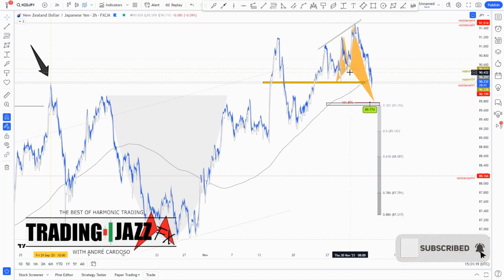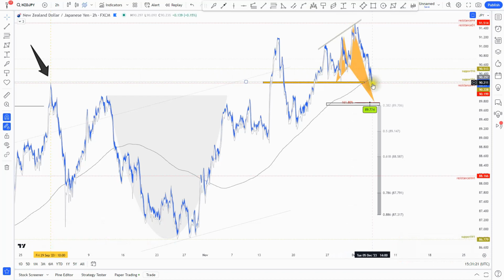We are now trading below this previous fractal support. So I will expect 89.77 to offer some support for the pair, and we will expect a reaction to the upside, an attempt to recover the most recent losses if that happens.